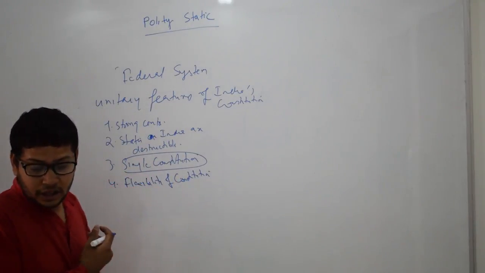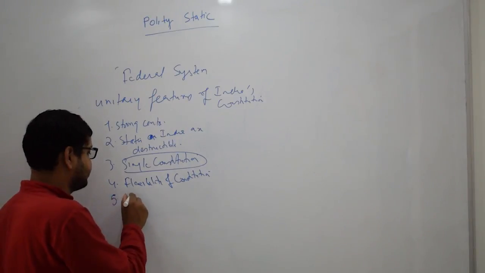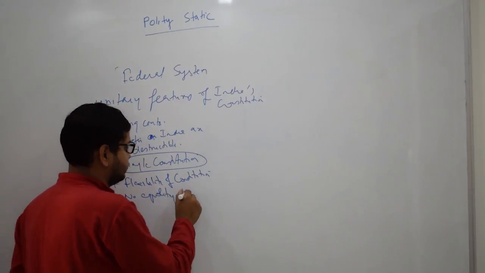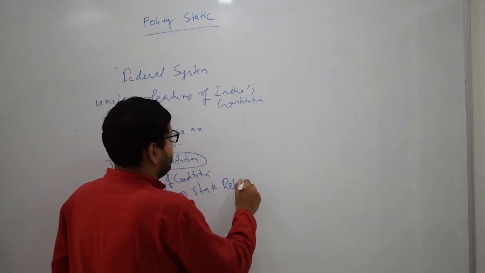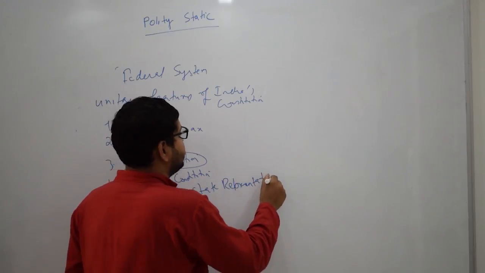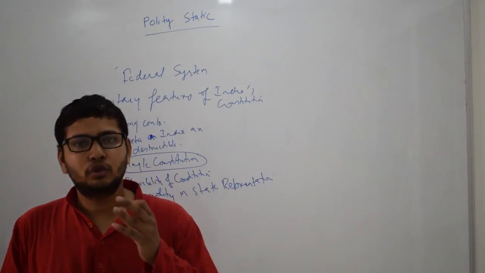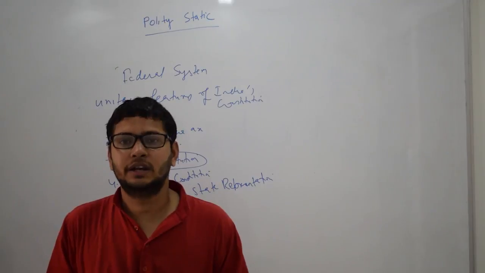Fifthly, there is no equality in state representation. So in the US, each and every state in the Senate has two votes, right? They have only two votes in the Senate.